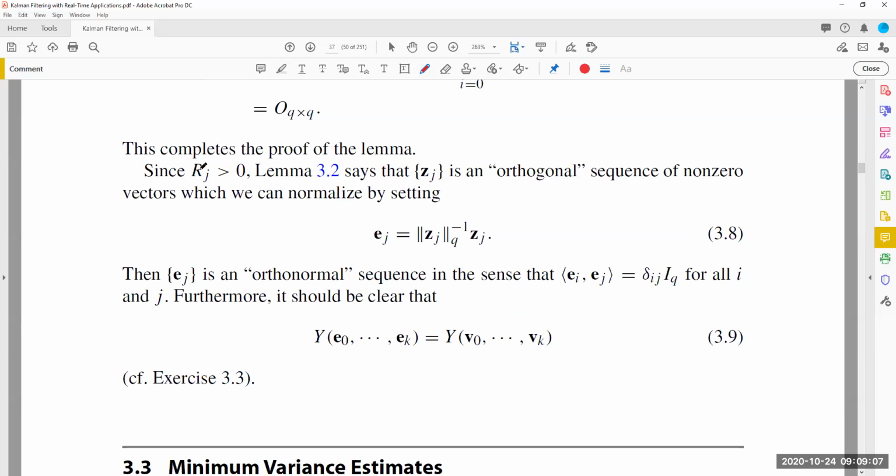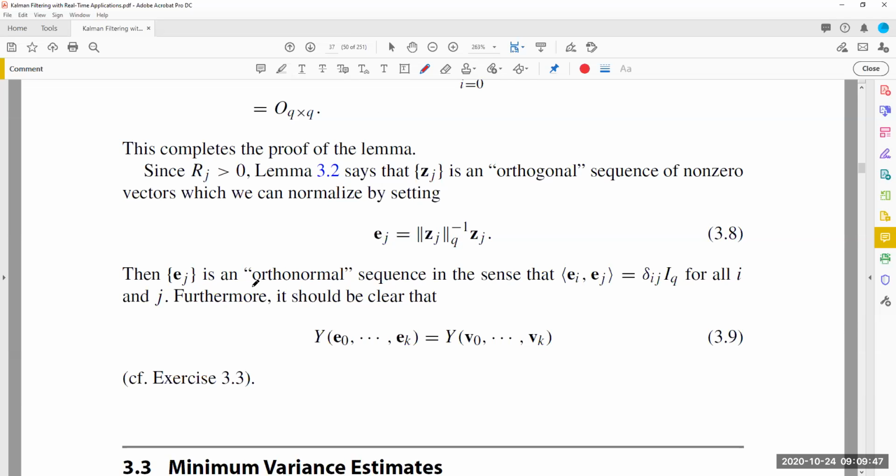We know Rj is a positive definite matrix. Then the process Zj is an orthogonal sequence of non-zero vectors. So we can normalize the process Zj using the inverse of this matrix, the variance matrix of Zj. Zj is a vector, so Ej is a vector.